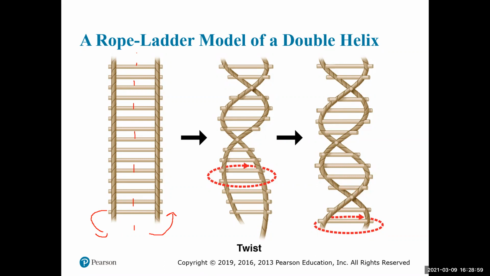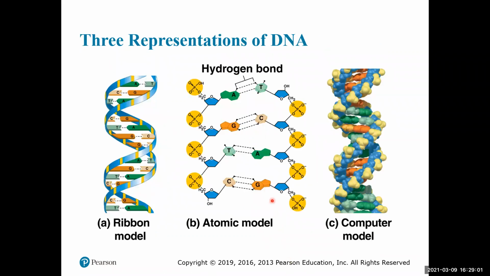And so if we look at a representation of DNA, we have three different ways to represent that. The one on the right-hand side is a computer model representation of the different atoms that make up those molecules. The blue is the sugar molecule, the yellow is the phosphate group, and then your different colors on the rungs are your different nitrogenous bases.